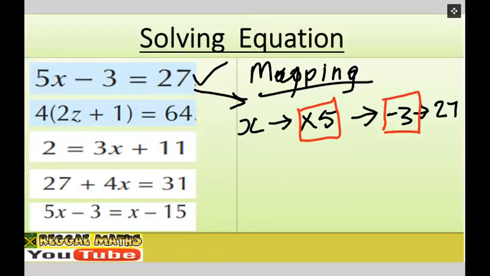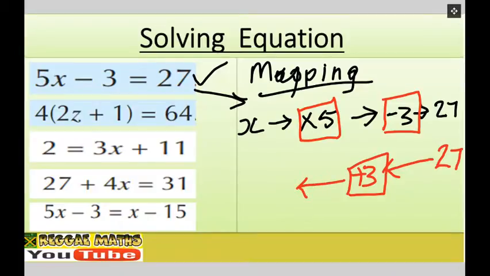So if I start off with 27, I'm going to do the inverse. The inverse of taking away 3 is add 3. So 27 add 3 is 30. Write a small 30 here so you don't miss a stage.